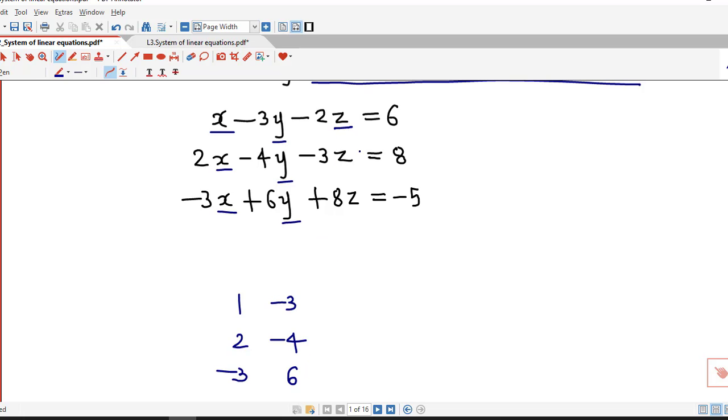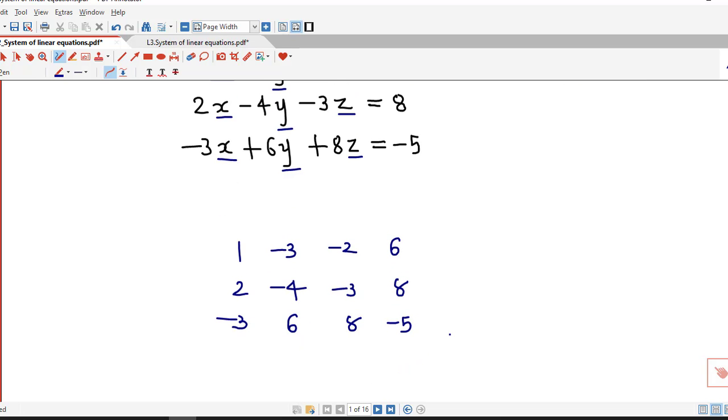The third column corresponds to the coefficients of z, which are minus 2, minus 3 and 8. And the last column corresponds to the constants on the right hand side. In this way, first we have to write down the matrix corresponding to the given system. That matrix is known as the augmented matrix.